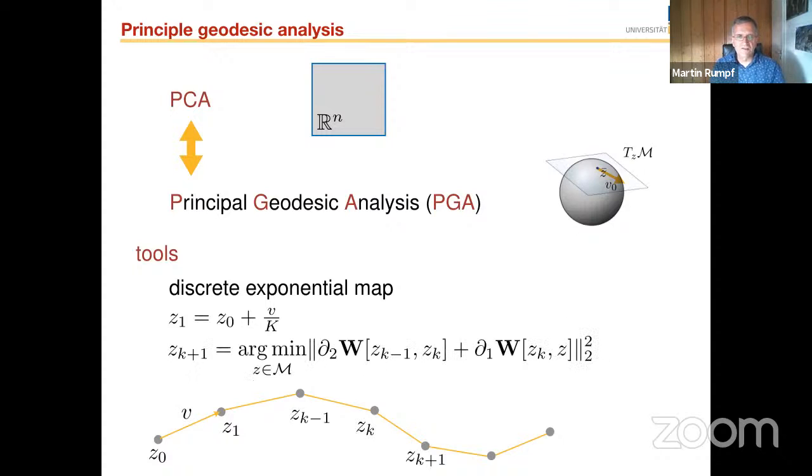And we do this iteratively. So we solve this equation here, trying to make this as close as possible to 0, solving really the Euler-Lagrange equation. And that defines us then, if I do this uppercase K times, the discrete exponential.